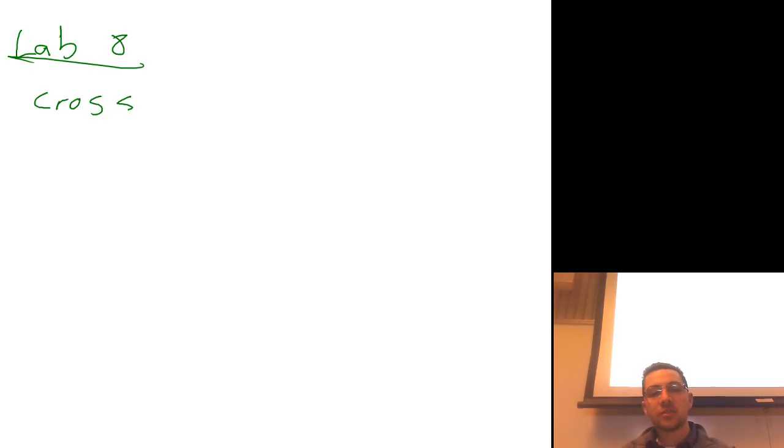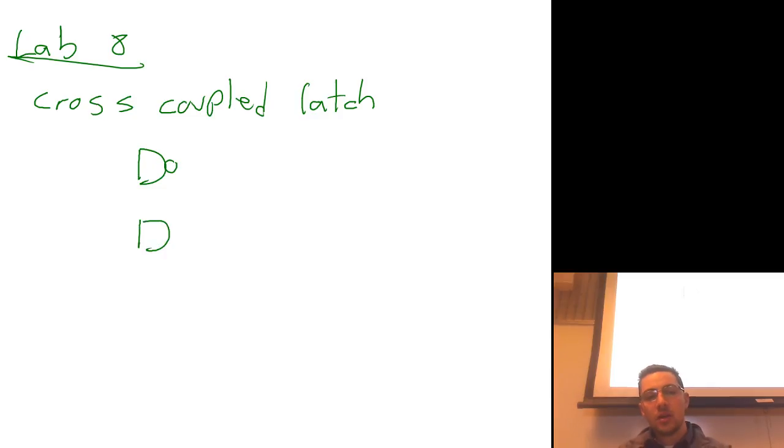is a cross-coupled latch. This is a vocabulary word. All it means is you're going to take two NAND gates, like this. One of these inputs is called S, one of these is called R. And you're going to take the output of the lower one, and bring it to the input of the first one.